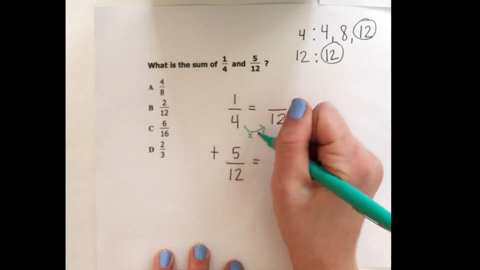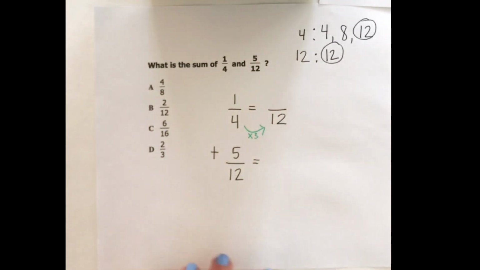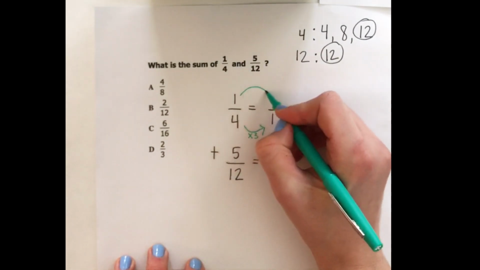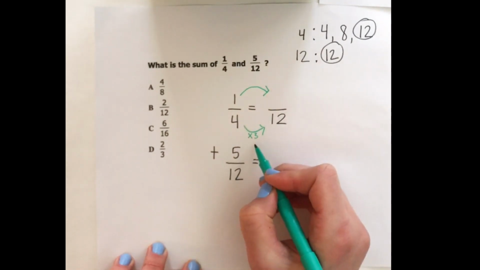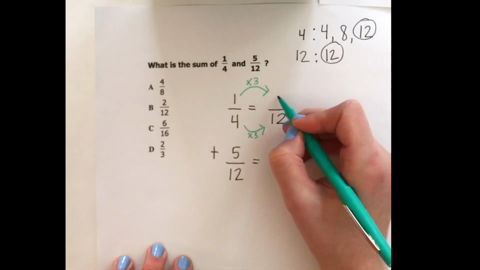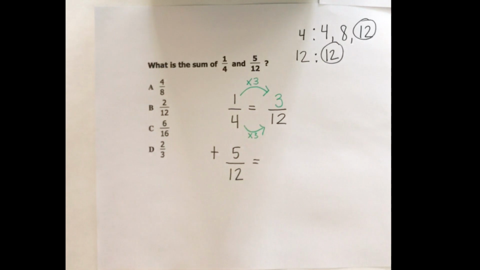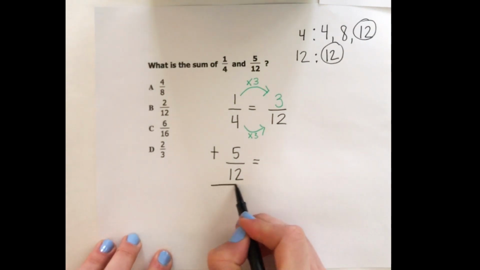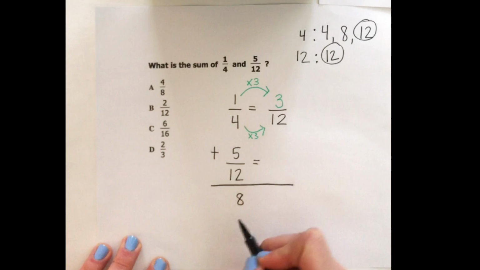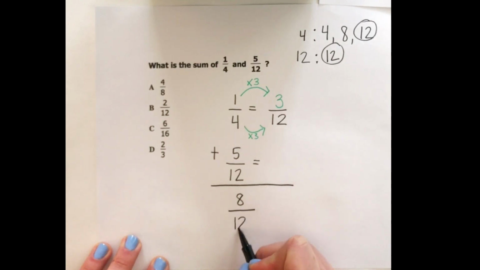And the answer is 3. 4 times 3 equals 12. Whatever I do on the bottom, I must do on the top. If I did times 3 down here, I must do it up here. 1 times 3 is 3. So now I have 3/12 plus 5/12. 3 plus 5 is 8 over 12.